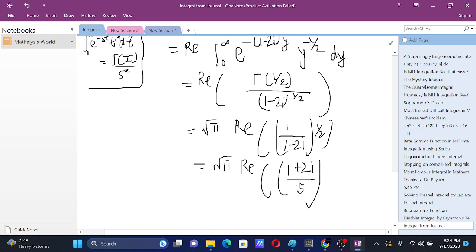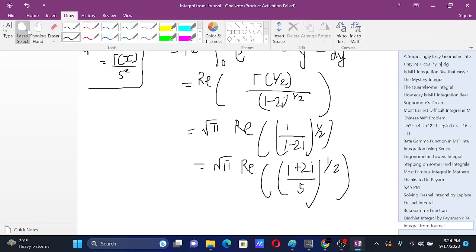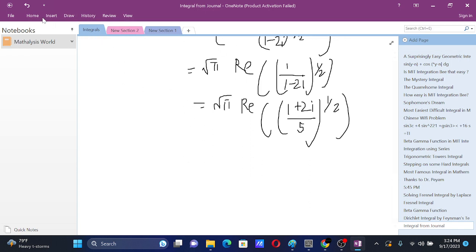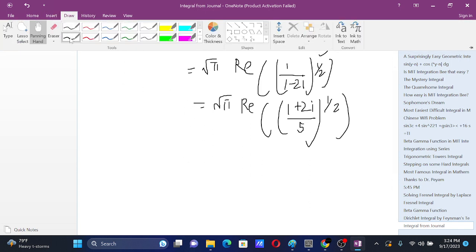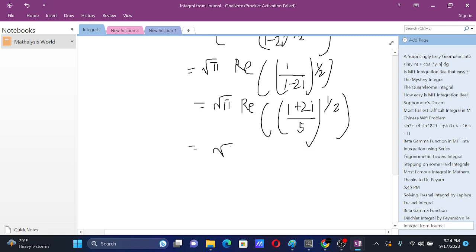We just multiplied numerator and denominator by 1 plus 2i. Okay, and after this, we can take root 5 out, so we will have root pi over root 5 outside, and then the real part of (1 plus 2i) to the power 1 by 2.